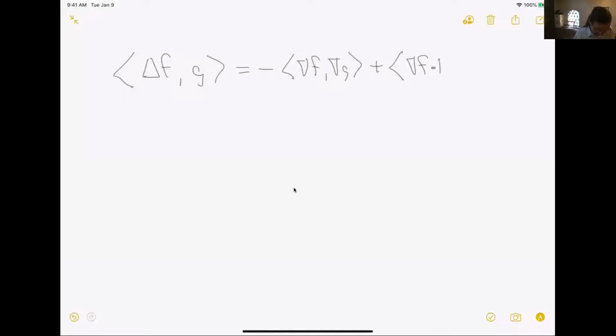All right. So here's what you have to do. You've got to prove that. Oh, sorry, let's back up. The problem is you've got this inner product between the Laplacian of f and some function g. And you want to show that equals the negative of the inner product of the gradient of f and the gradient of g, plus the inner product of the gradient of f dotted with a normal vector with g, but that is taken over the boundary.